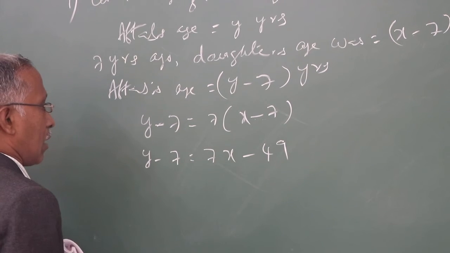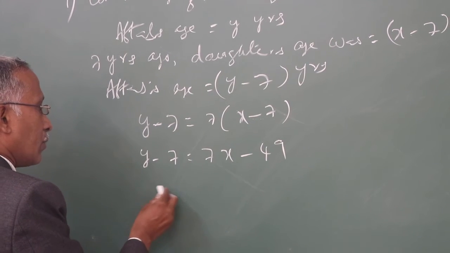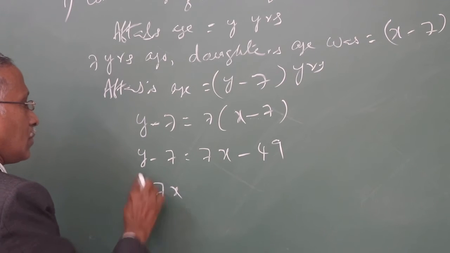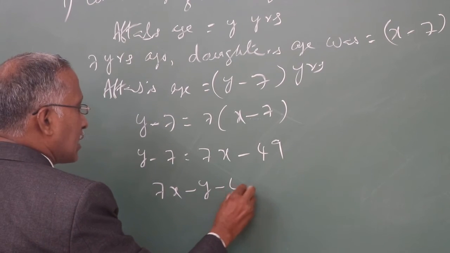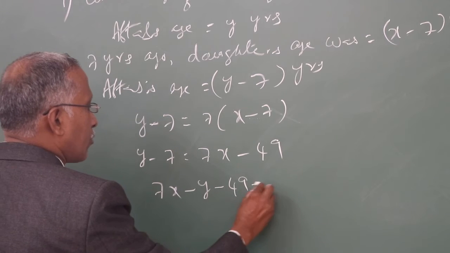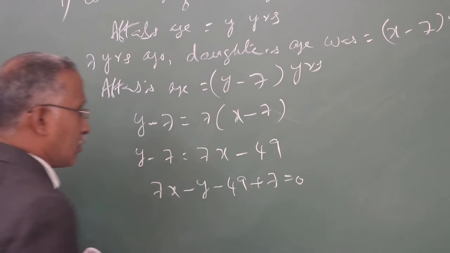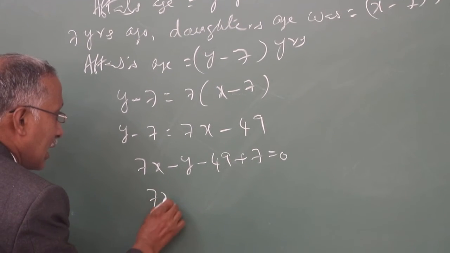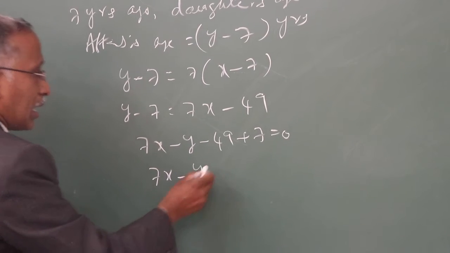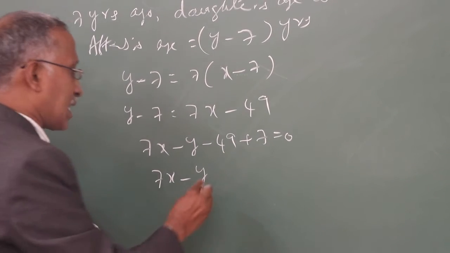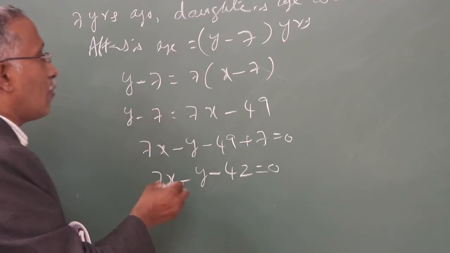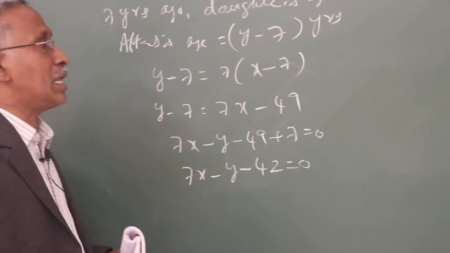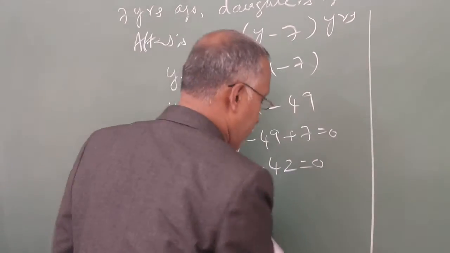Now transposing, 7x minus y minus 49 plus 7 equals 0, that is 7x minus y minus 42 equals 0. This is one simultaneous linear equation. We have got it now.